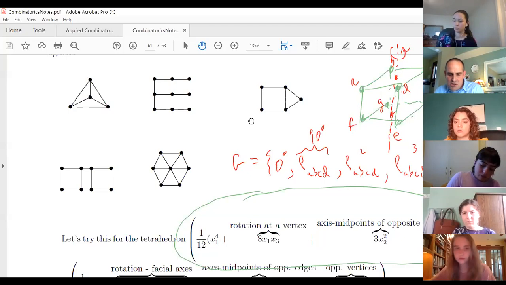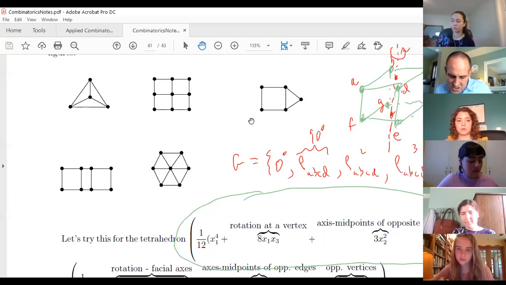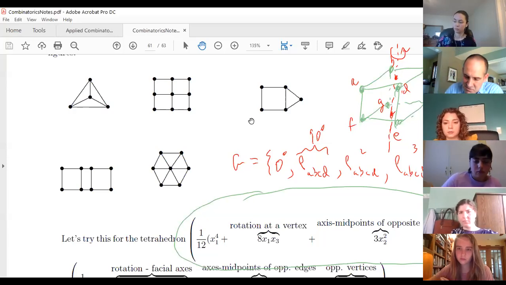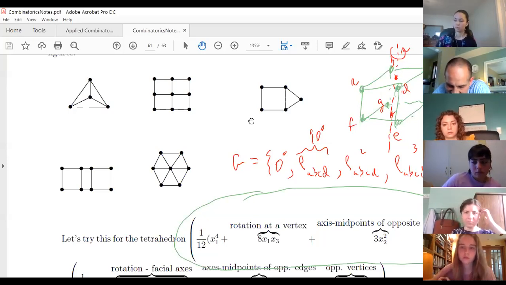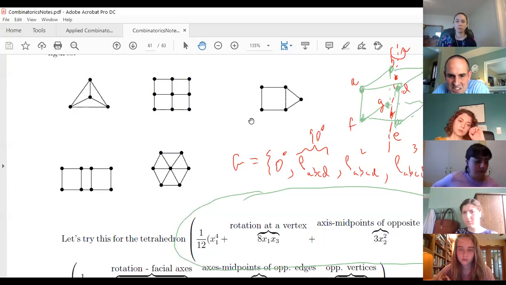And how many of those facial rotations would we have? So you have 4 for this pair, and then let's see. Well, not really, because the identity is its own animal, so you don't really have 4, you have 3, right?